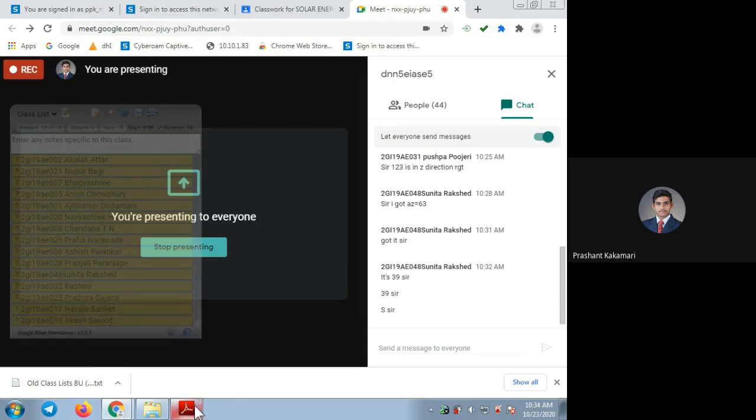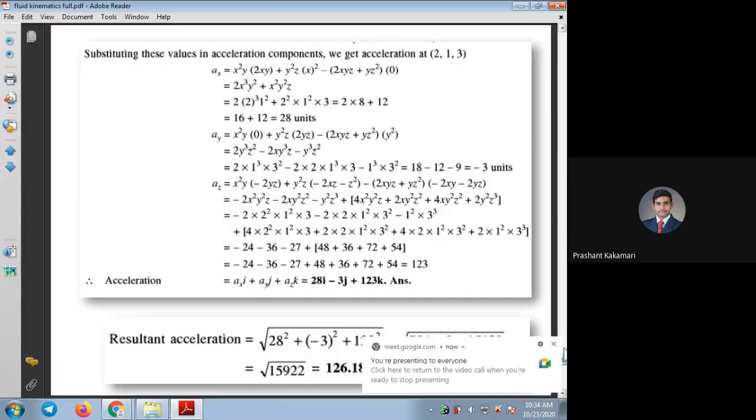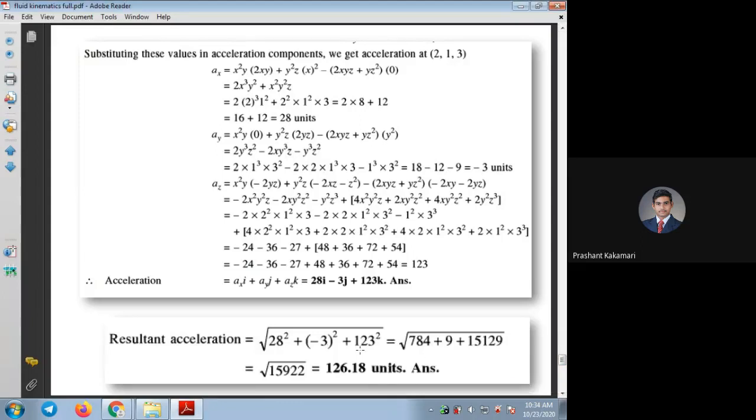So if you consider 39, then just check this resultant acceleration, how much it will be. 28 square minus 3 square plus 39 square, and square root.